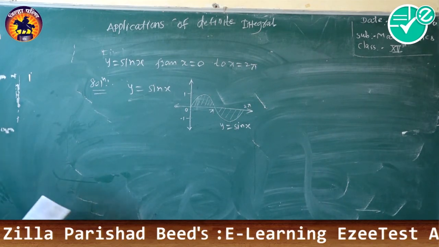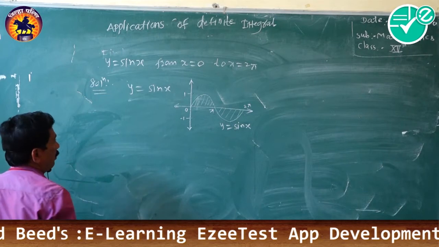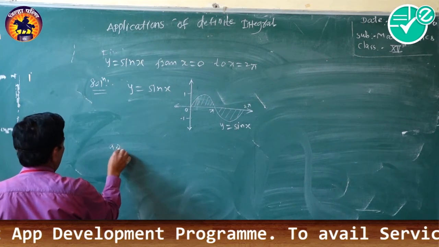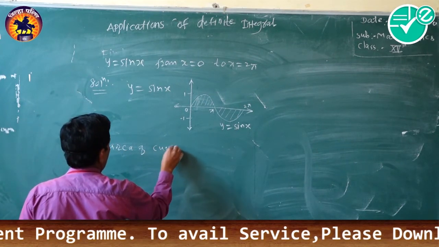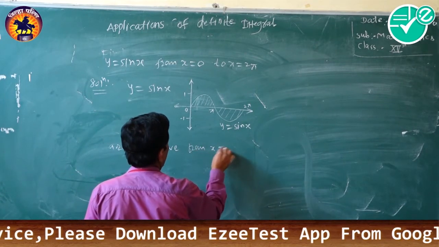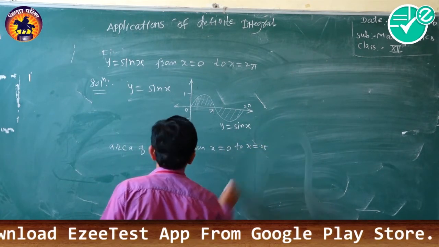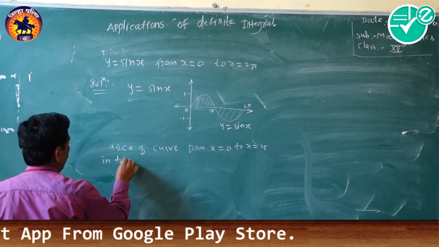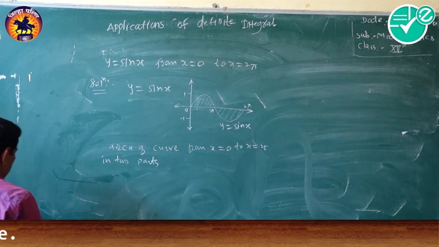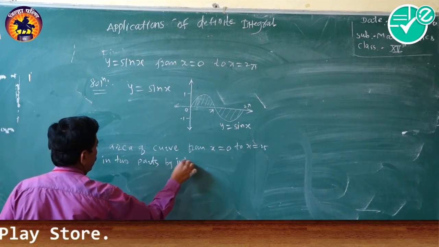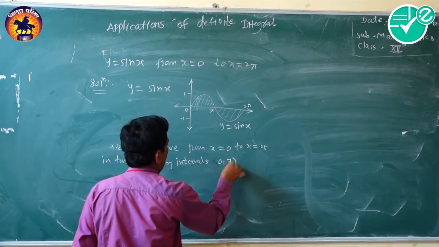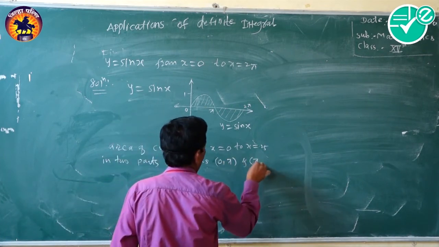Therefore, since this curve is symmetric about the x axis, we divide the area of the curve from x is equal to 0 to x is equal to 2 pi in two regions, in two parts by intervals zero to pi and pi to 2 pi.